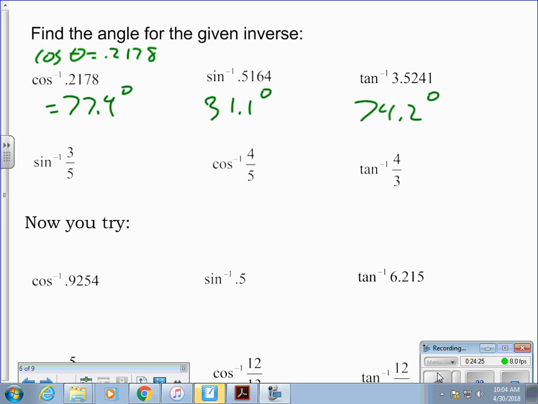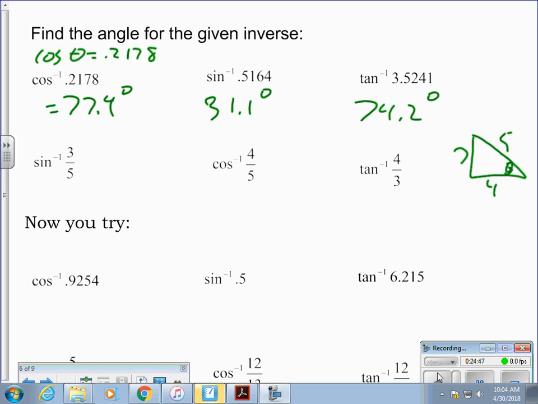Now, the next ones are basically if I have a 3, 4, 5 right triangle, these are the ratios of the sides for a 3, 4, 5 right triangle. Sine of 3 over 5, that means I'm looking for this angle right there.